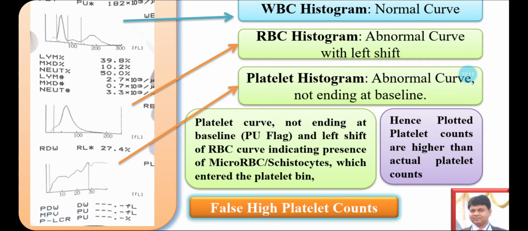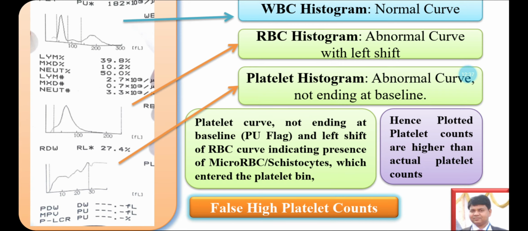Whereas the RBC histogram is abnormal, and you can see the left shift, and 5 to 10% of RBCs have entered the platelet bin as well. So this is showing the RL flag. On the other hand, the platelet histogram is also abnormal, and you can see it is not ending at the baseline.